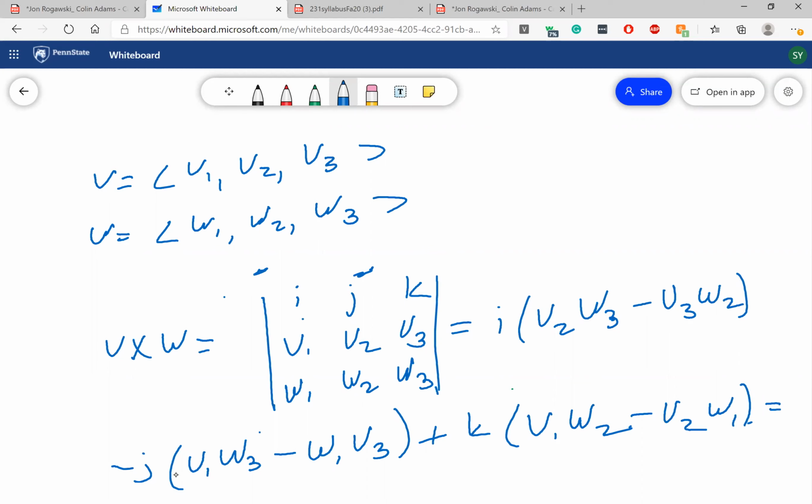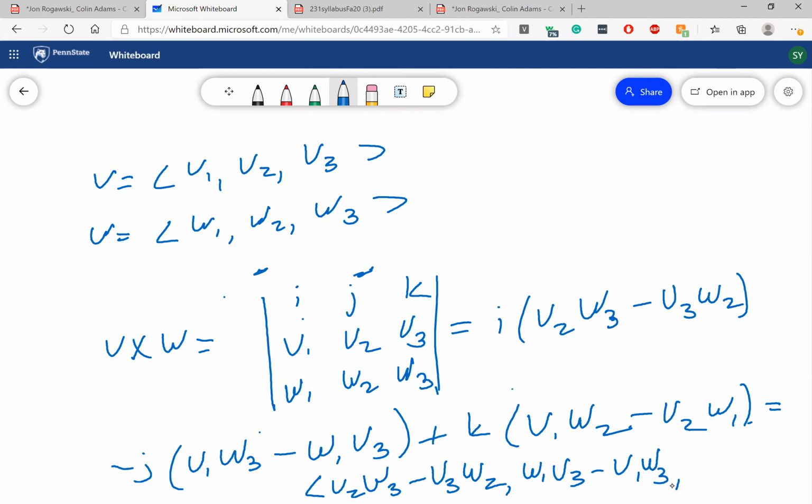And in the other vector notation, we are going to have that the first component is going to be v2, w3, minus v3, w2. The second component, I'm just going to put the negative in, so it's going to be w1, v3, minus v1, w3.